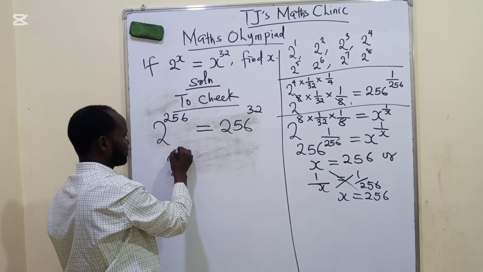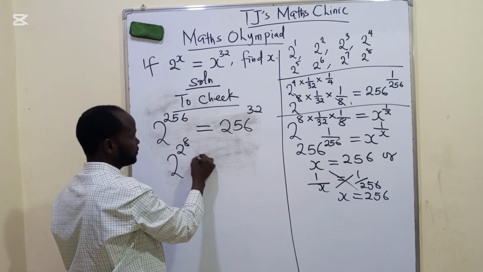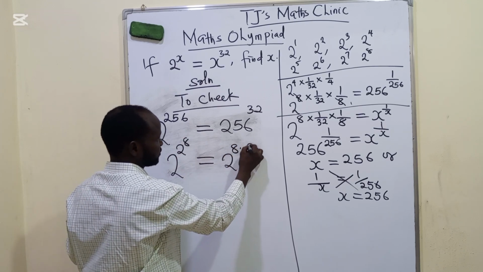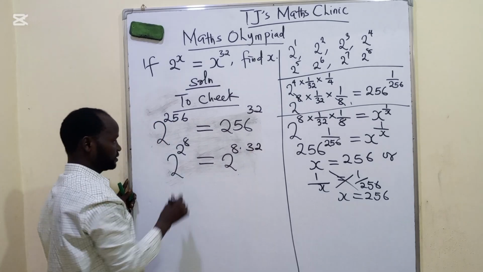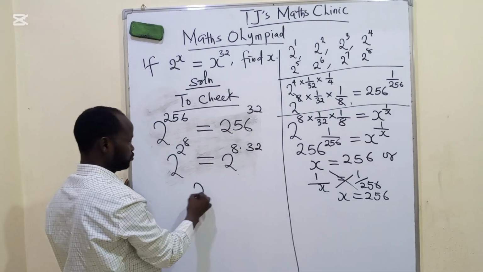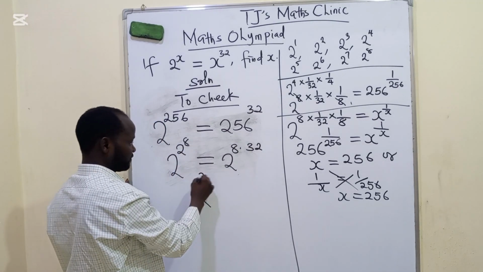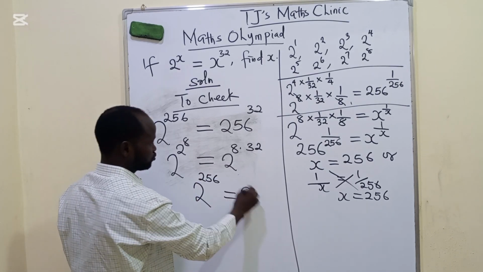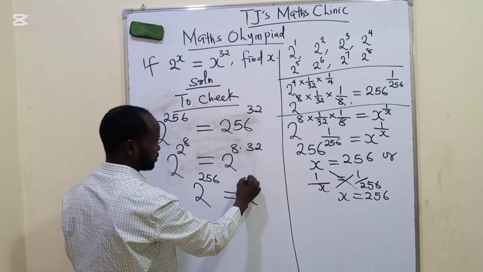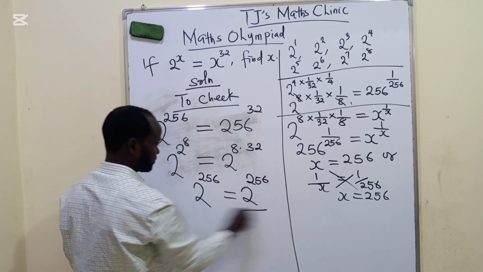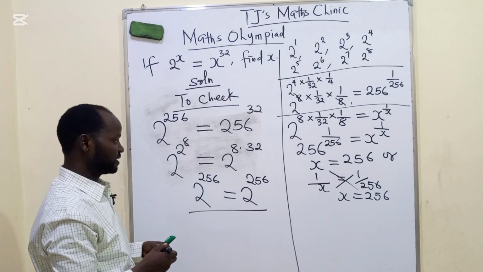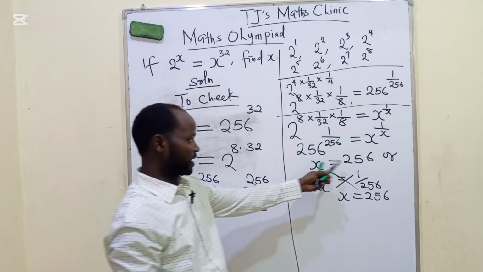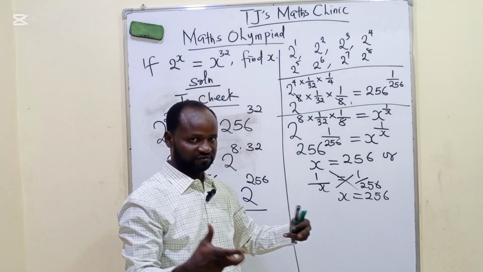This 256 is the same thing as 2^8. So this will be 2^256 equals 2^(8 times 32). Very important. 8 times 32 is 256. Hence, proof. Clearly, the left hand side is equal to the right hand side. Truly, the value of x is nothing but 256.